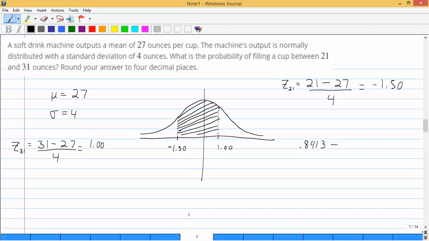Now, notice with the negative z-score chart, the way that this one is given, the first column is not the 0 for the hundredths. You have to go all the way to the right. So it's negative 1.5 and then all the way to the right. I got 0.0688. Is that right? 0.0688. Okay.